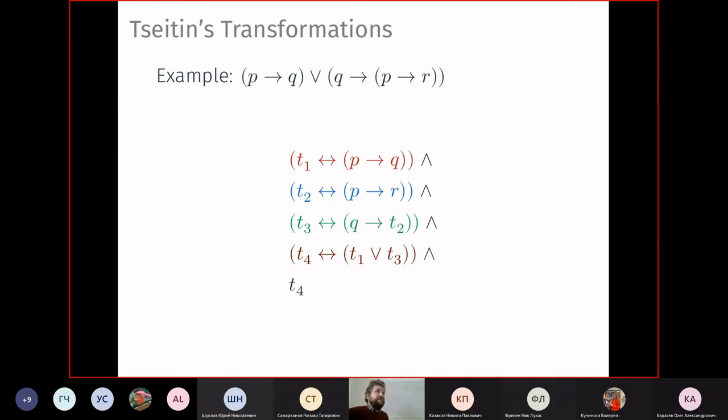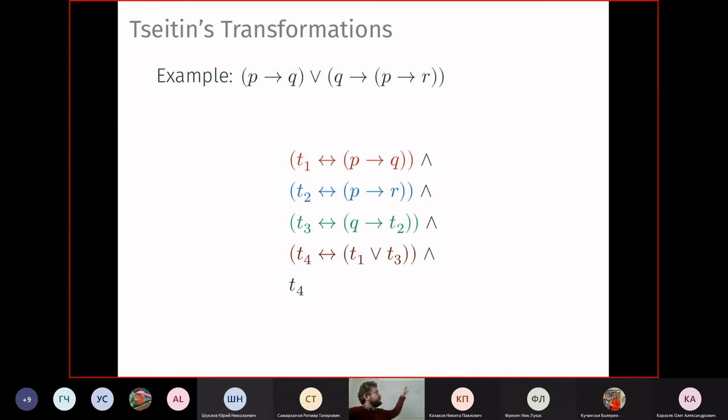Then you just say T1 should be the value of the implication by a truth table. The same for all others. And why is it going to be a satisfying assignment? Well, because all these equivalences will be satisfied by definition. And at the bottom, you will have T4. And this T4 should be true because we know that this was a satisfying assignment for the original formula. So if you substitute it, it will give you 1. And it will satisfy this new Satan formula.